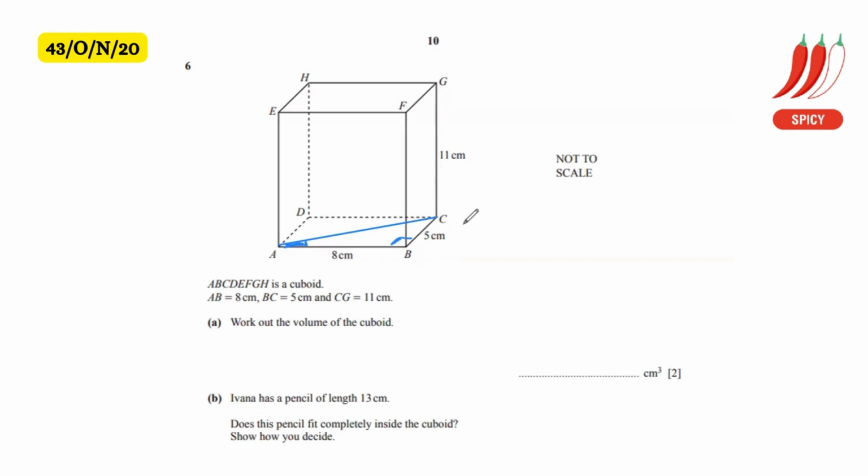And we have the adjacent, which is the length on which the angle lies. So using tan, which is equal to 5 over 8, we can easily find the value of theta as tan inverse of 5 over 8. And that gives us 32 degrees.